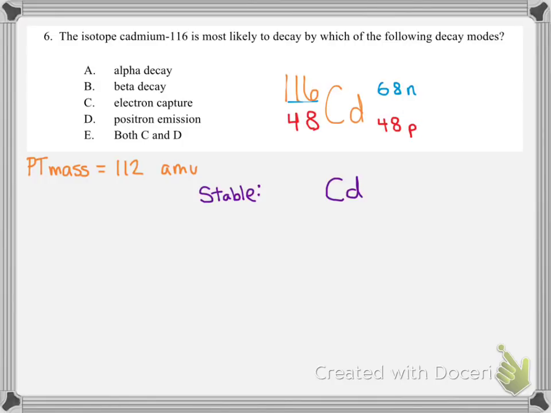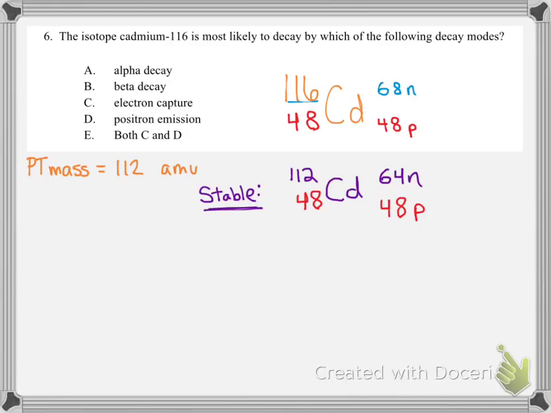So what we want to do is compare our radioactive isotope of cadmium with the most stable isotope of cadmium. Remember that if you look at the periodic table, the mass is skewed toward the most stable isotope. So, since it's 112, we can say that the most stable isotope of cadmium has 48 protons by virtue of being cadmium, and 112 minus 48 is 68 neutrons.